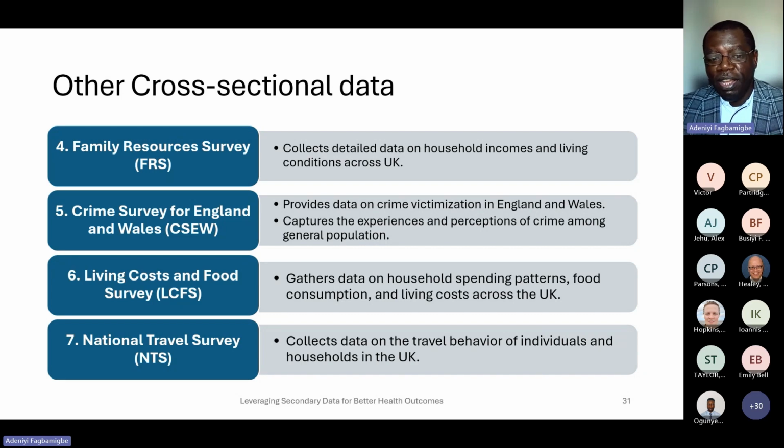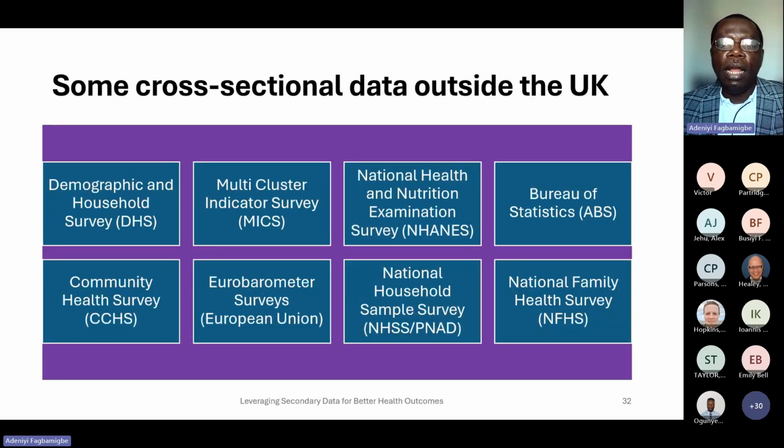All of them are very, very useful, and they've been used in the past to understand the dynamics in our society. But when you look at this data carefully, you see that everything is connected one way or the other to health. Even when you look at housing data, you can see health, because health is very central to everything. So we can actually leverage on this.